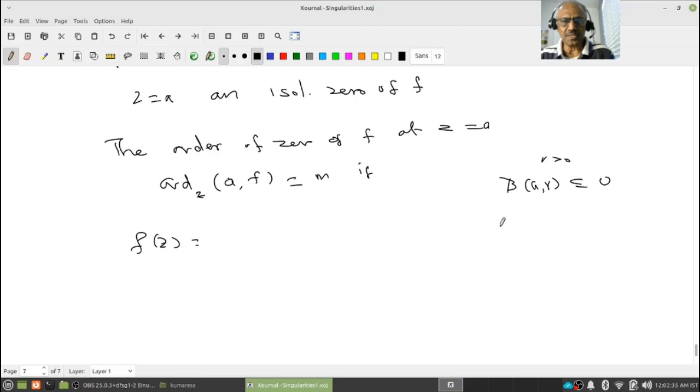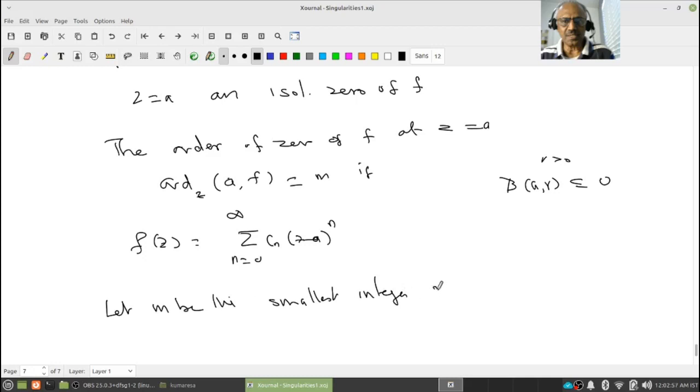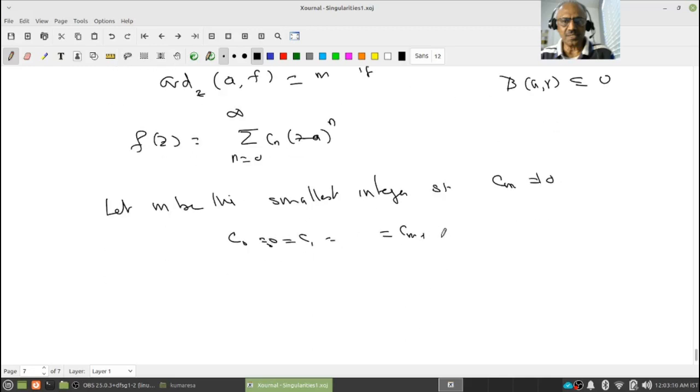Let us assume that, therefore f of z I can write as the summation c_n (z minus a) to the power n, n from 0 to infinity. But remember, f of a is 0 means c naught is 0. Therefore I can write, let m be the smallest non-negative integer so that c_m is not equal to 0. That is, c naught is 0, c1 is 0, up to c_(m minus 1) is 0, these are all 0, and c_m is not equal to 0.